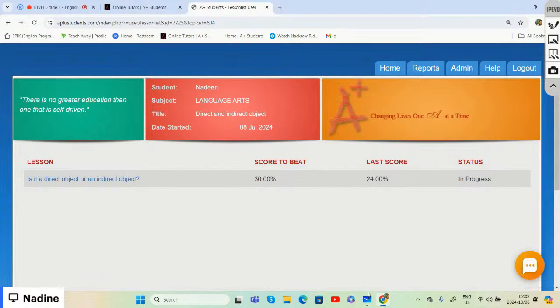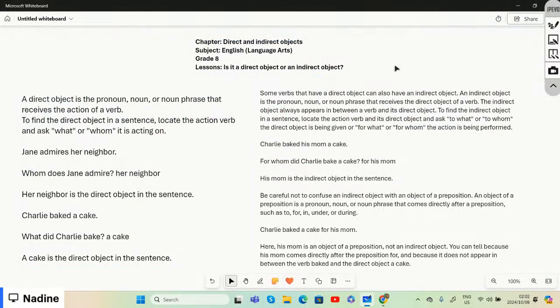Our chapter is direct and indirect objects, our subject is English language arts, and we're doing grade 8.